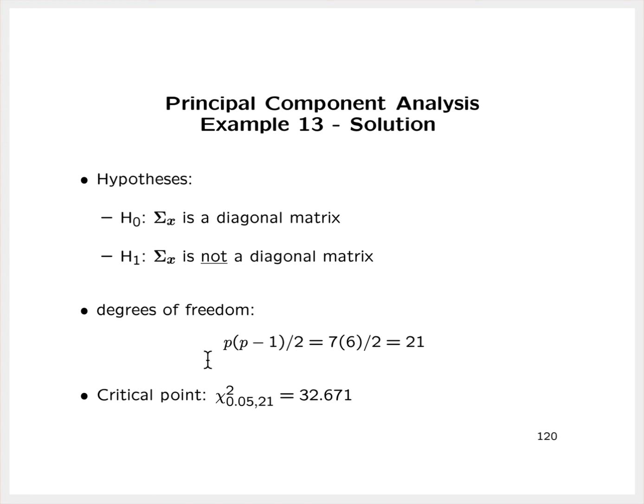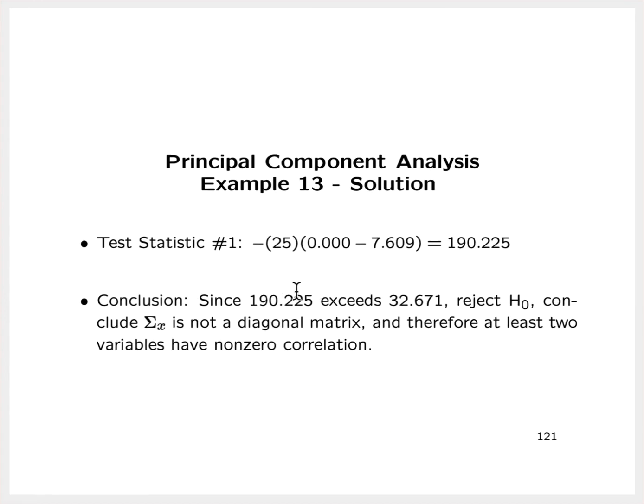Therefore, the test is based on 21 degrees of freedom, and the critical point for the test is the upper 5th percentage point of the chi-square distribution with 21 degrees of freedom, and that critical point is 32.671.